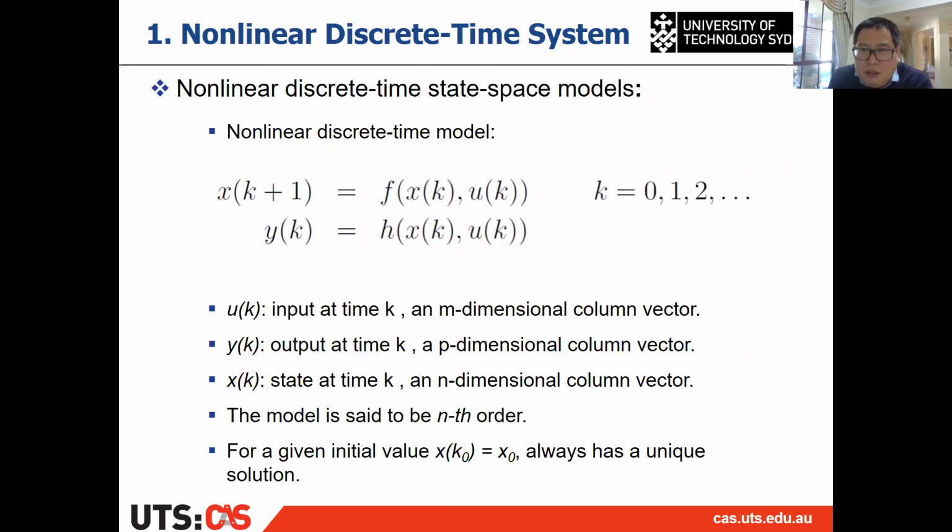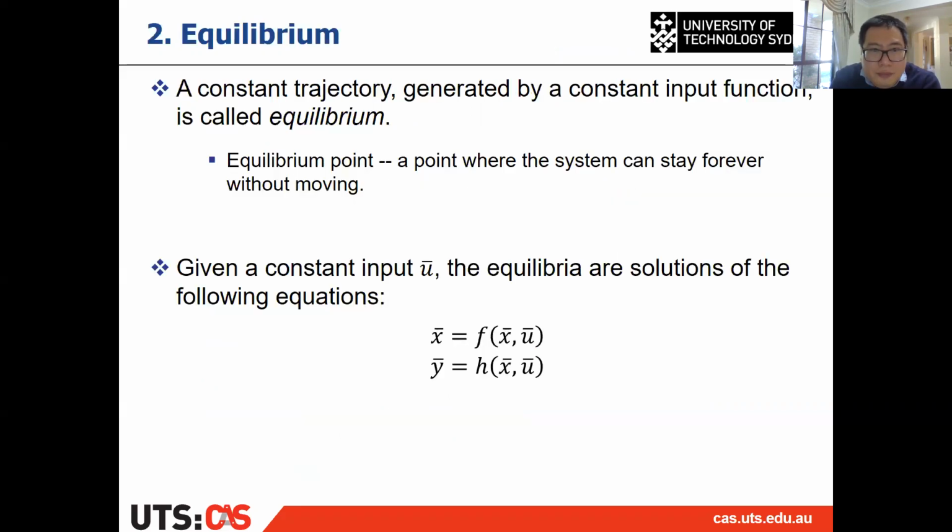And also the difference equation is a relationship between x_{k+1}, x_k and u_k. The only thing is the functions are nonlinear, which means it's f and h instead of A, B, C, and D matrices. All right, so that is the general or standard formulation of the nonlinear discrete time system.